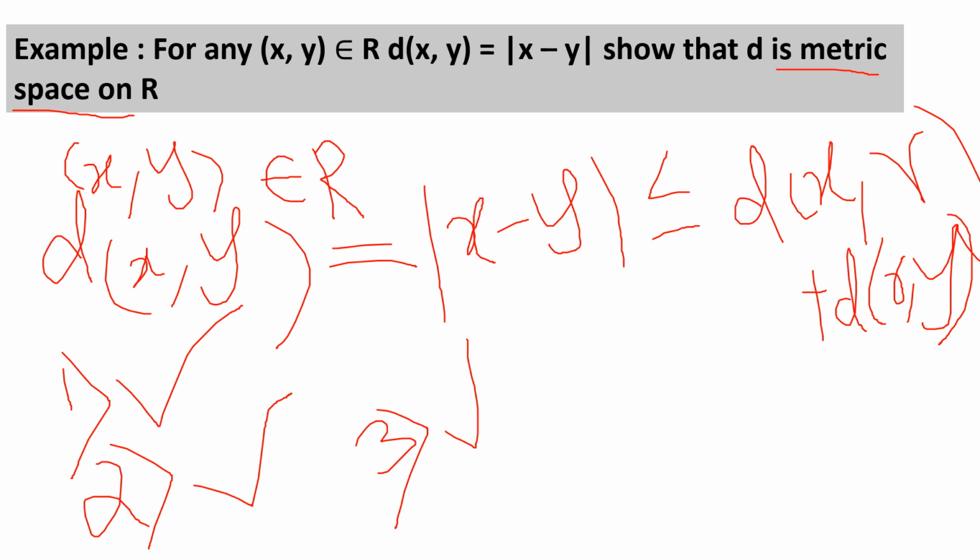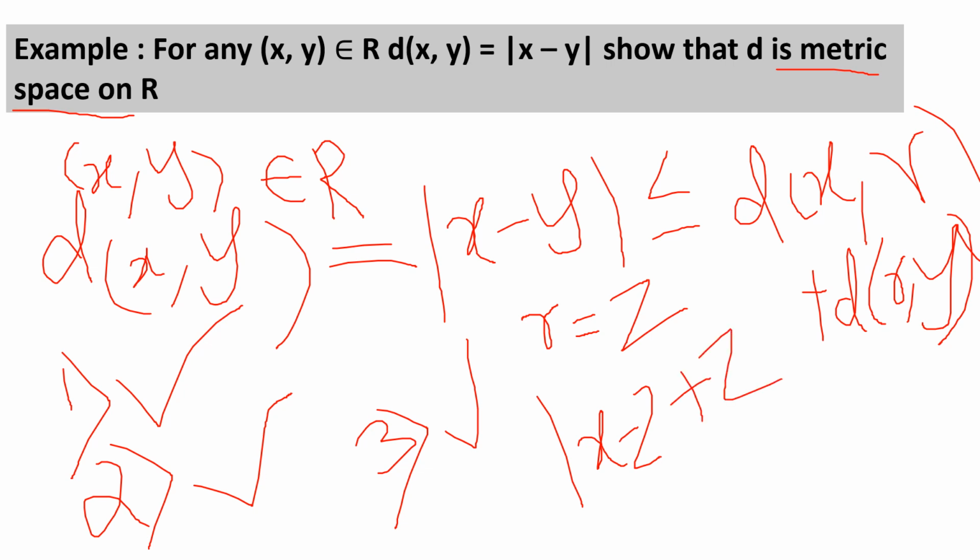So instead of r, I am taking z. So I'm adding this z and subtracting this z in this equation. Therefore we get mod x minus z plus z, minus y. I'm adding and subtracting.